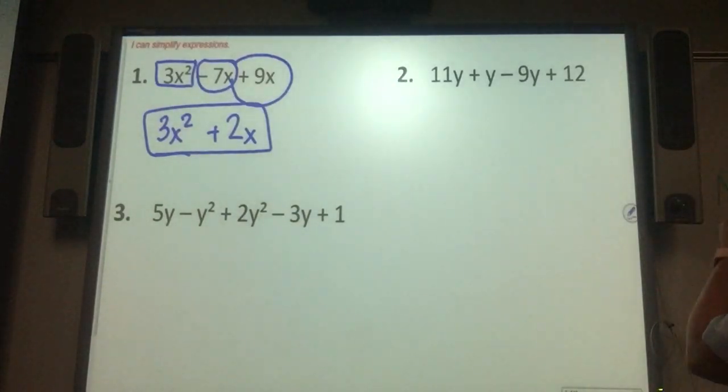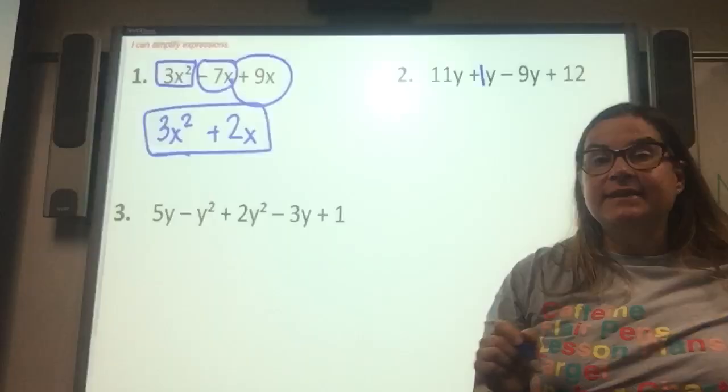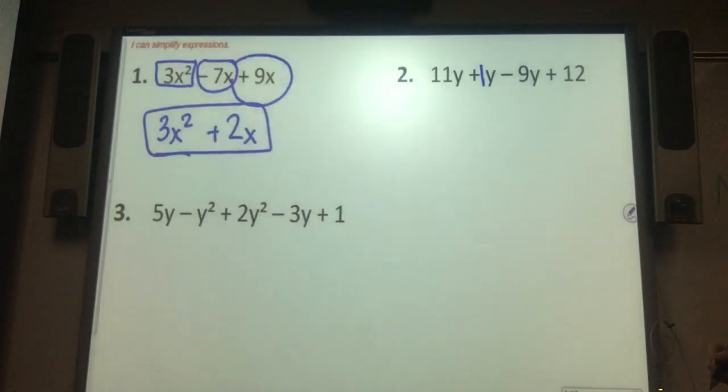Looking over here, 11y plus y minus 9y plus 12. Okay, we don't have a number in front of it. I'm going to sneak a 1 in there. That's going to help me remember that it's 1.